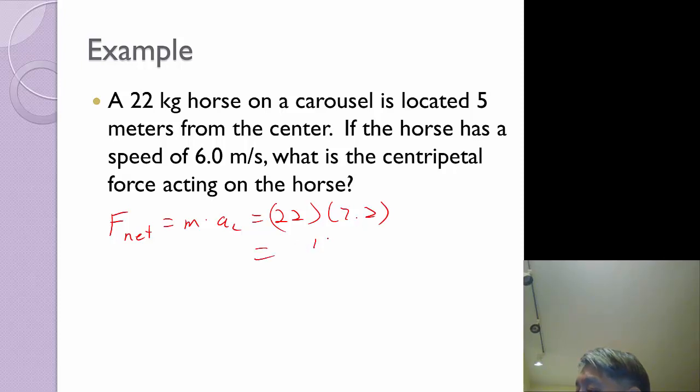I'm going to end up with 158.4 newtons, or taking it down to 2 sig figs, 160 newtons. So that's the net force acting on it. Just because I asked for the centripetal force, you need to be able to say, well, all I'm asking for really is the net force.